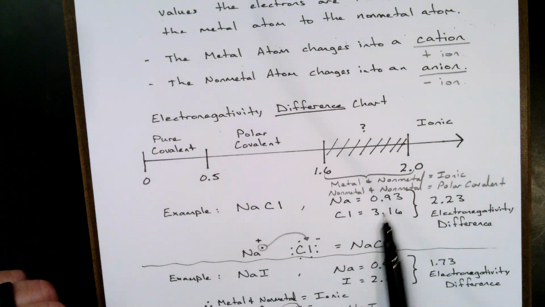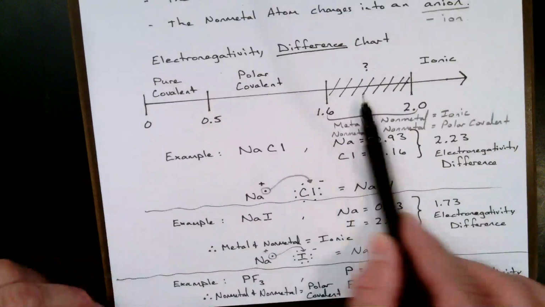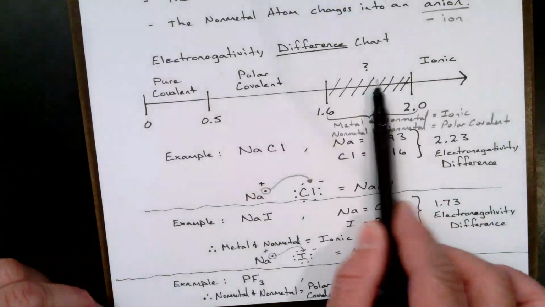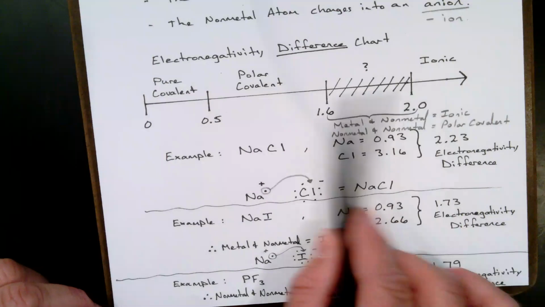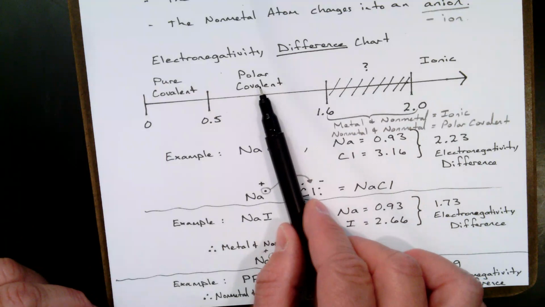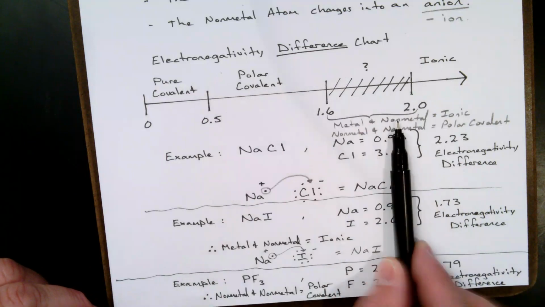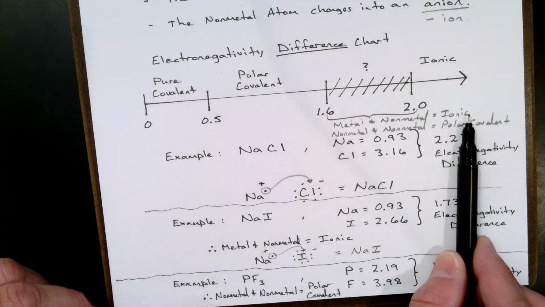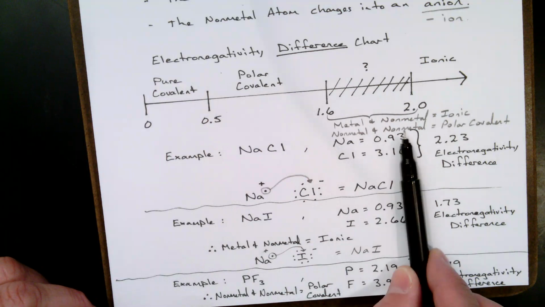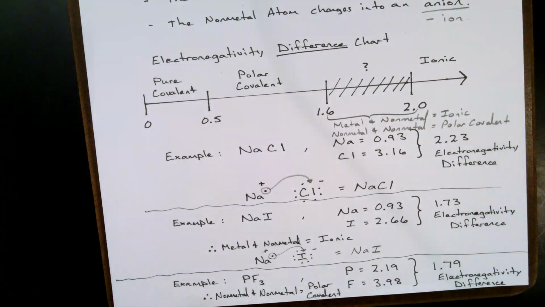One atom is so much stronger than the other atom, it takes the other atom's electrons away. If we're in this zone of, well, is one atom really strong enough to take the electrons away, or is it so close that they're going to share electrons? When you're in this zone, if it's a metal and a non-metal, we will say the electrons are transferred and call it ionic. But if it's two non-metals, then we say that they will share electrons.